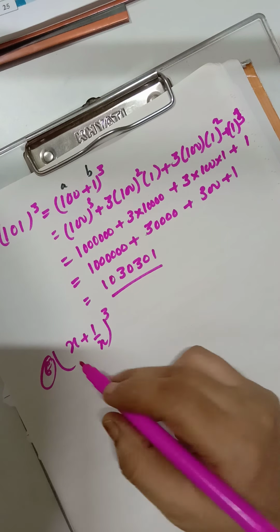Very carefully children, first step, substitution of the values. So this is equal to x cube plus 3 x square into 1 upon x, okay, plus 3x into 1 upon x square plus 1 upon x the whole cube. Now see children, here x is there in the denominator also and in the numerator, so you can cancel.